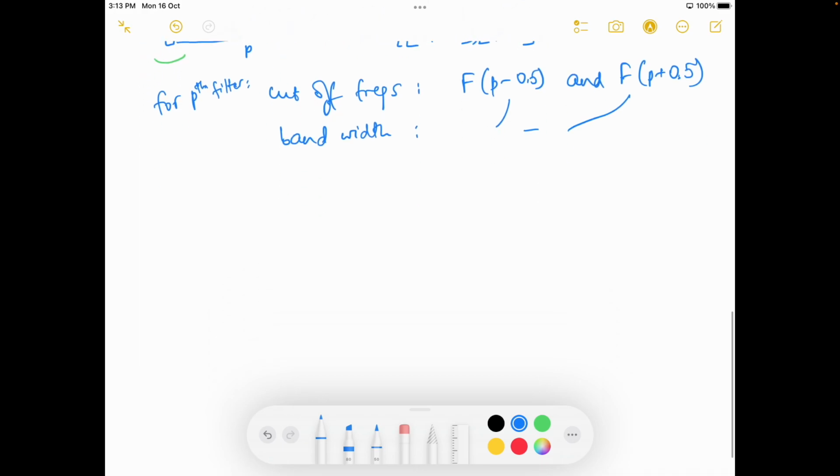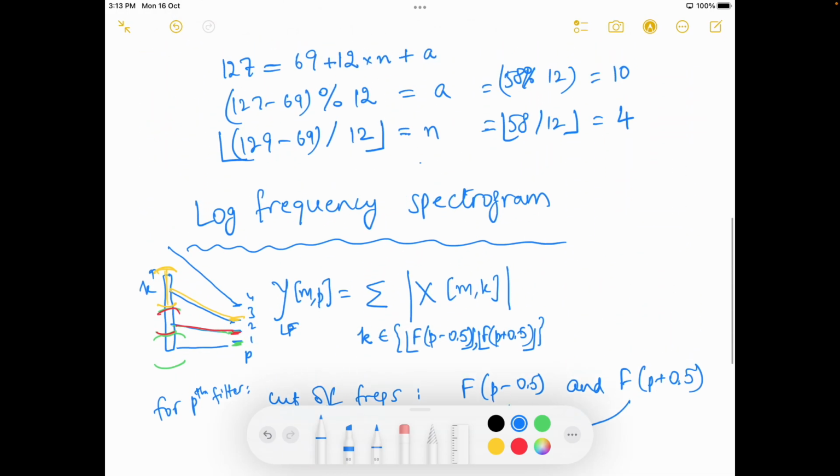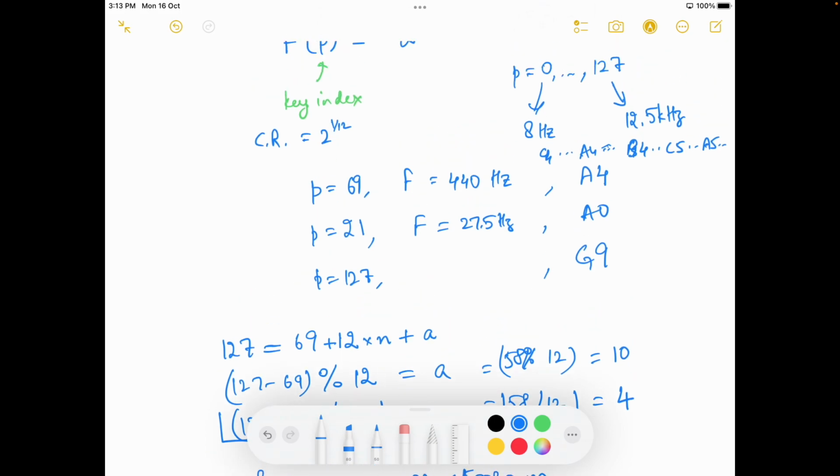Okay. Now see, another thing which is of interest is to know what key it is. When I say A4, A0, G9, I am not interested in the number, be it 4, 0 or 9, I don't care, but I am only interested in what note it is, whether it's A or B or C or G, right? I am interested in only that much.